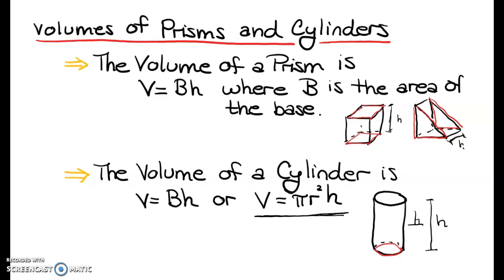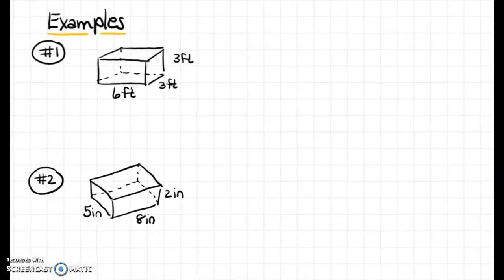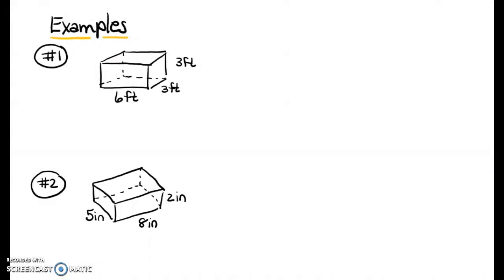I'm going to walk through 8 examples which are very similar to the ones on your homework. The very first example is to find the volume of this rectangular prism, and our formula is BH. So let's outline our base. Again, I usually use the top and the bottom of my boxes as my bases. This is just a rectangle. To find the area of the base, it's just length times width, or 6 times 3, which is 18.